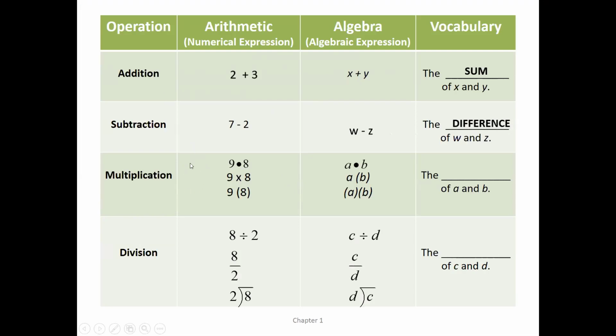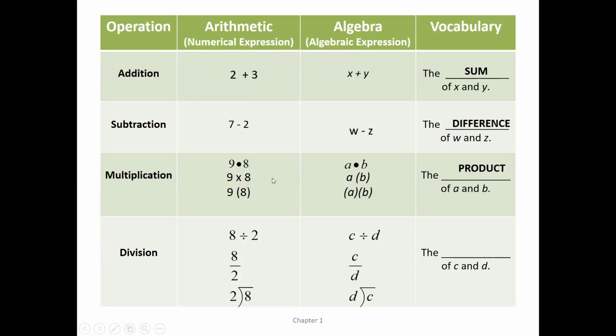Multiplication can be represented by several different means: a dot, an X. This reads 9 times 8. If you have variables in your equation, we don't use the X. Or 9 parenthesis 8. This means 9 times whatever is inside the parenthesis. We can do the same thing with variables.